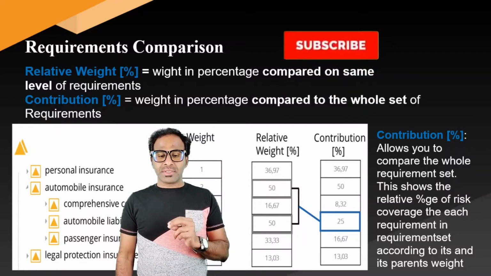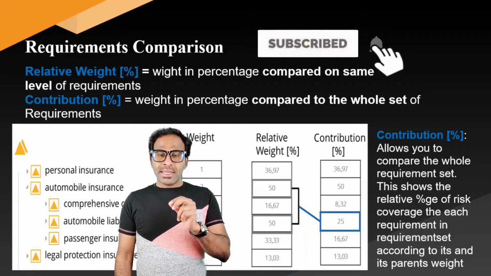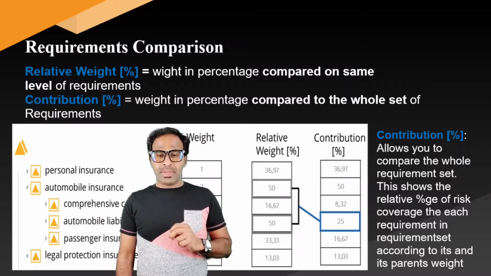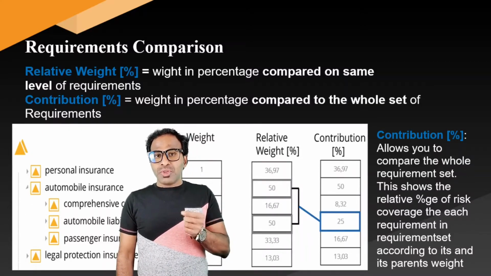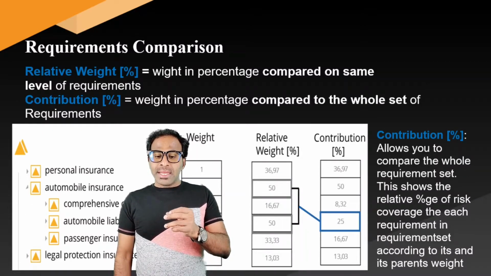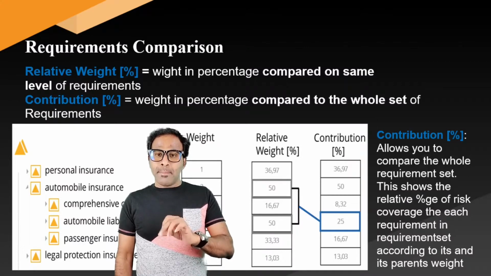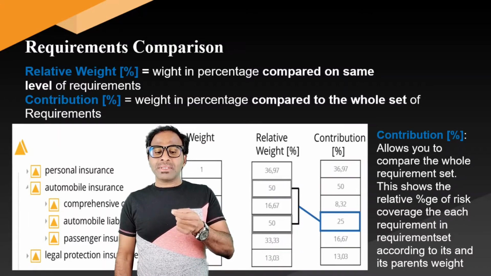So that's the difference. Relative weight is just a percentage compared on the same level of requirements, whereas contribution percentage is the relative percentage of the same level of requirements plus its parent requirements as well.